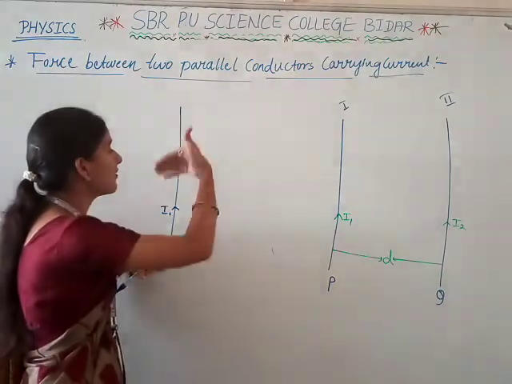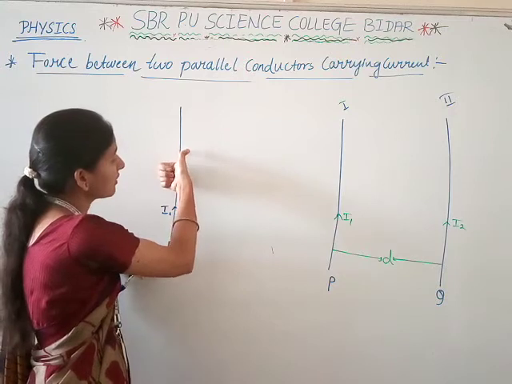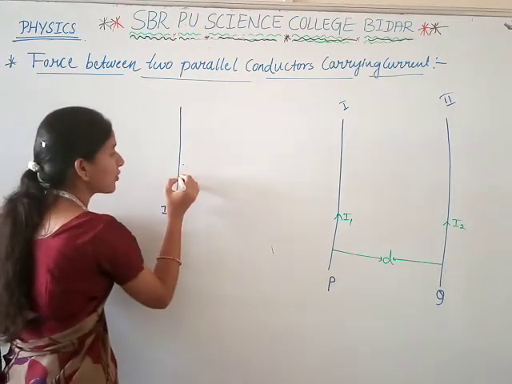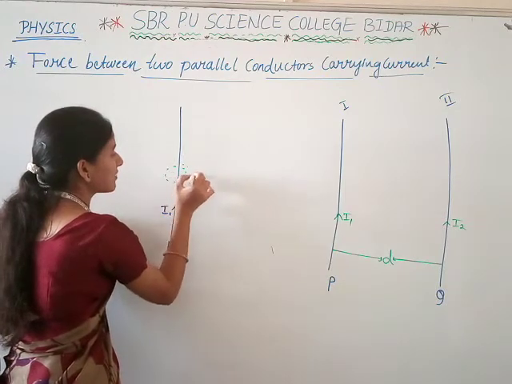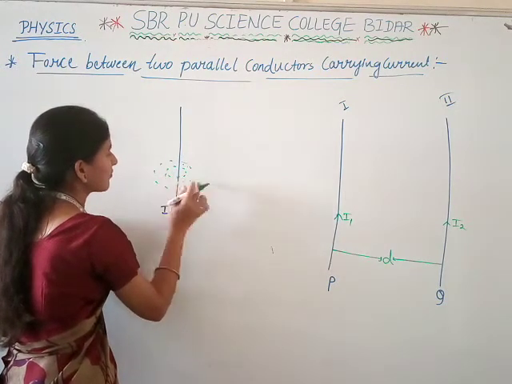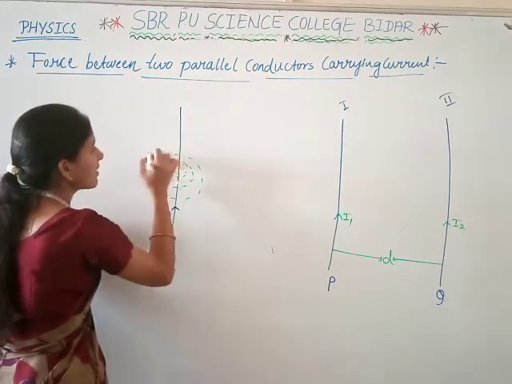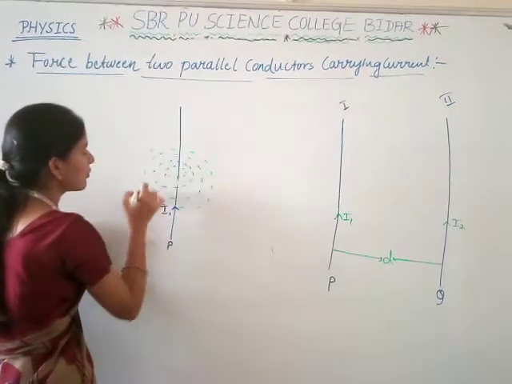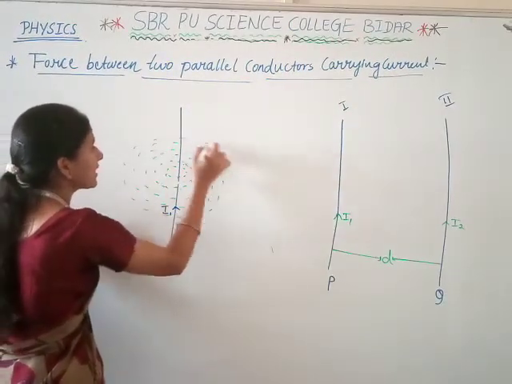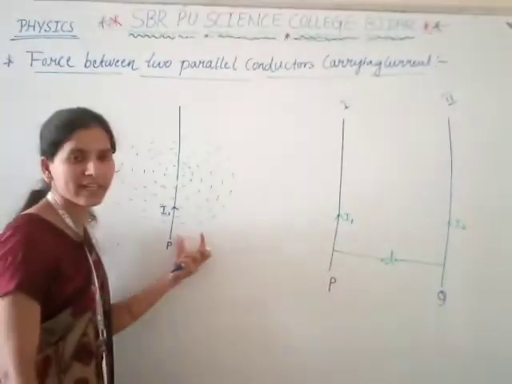When we place the thumb in the direction of the current, the curl of the fingers shows how the magnetic field is produced. This is the magnetic field produced when the current I1 is flowing through conductor P.